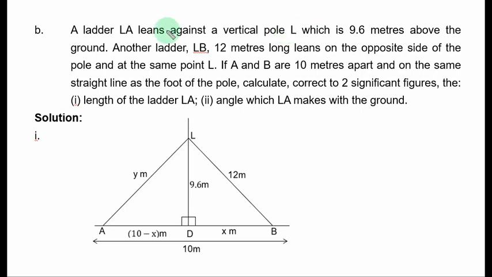Question 10b. A ladder LA leans against a vertical pole L, which is 9 meters above the ground, and that ladder LB, 12 meters long, leans on the opposite side of the pole and at the same point L. If A and B are 10 meters apart and on the same straight line as the foot of the pole, calculate correct to 2SF the Roman figure 1 length of the ladder LA.